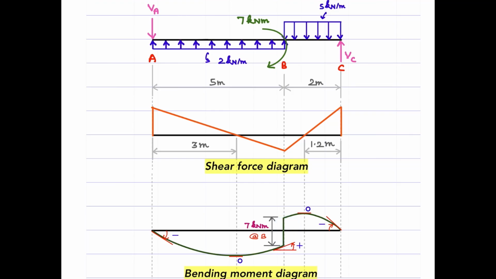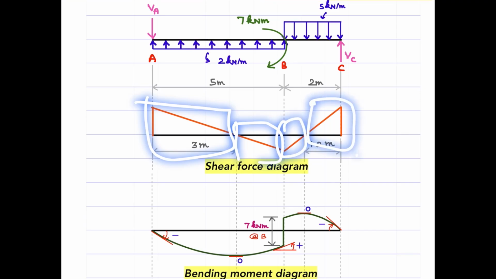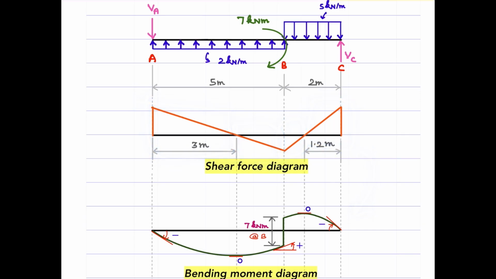And again, here we need to consider four different portions, 1, 2, 3, 4, in order to draw the bending moment diagram, because these four trends will have a consequence of altering the shape for these four portions of the bending moment diagram. Okay, and this jump here should be related to the value of the concentrated moment applied here.